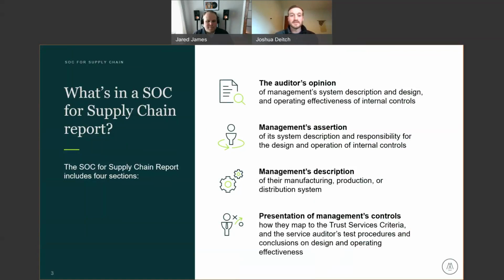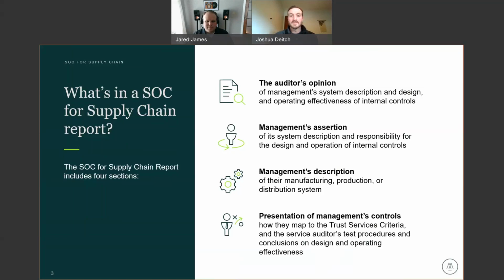Management's assertion is next, and that's of its system description and responsibility for the design and operation of the internal controls. And then next you would have management's description, and this is more of where the system is laid out, and the narrative would be a larger description of what would be in scope for the examination and would include the manufacturing, production, or distribution system.